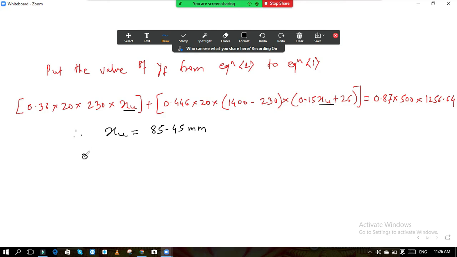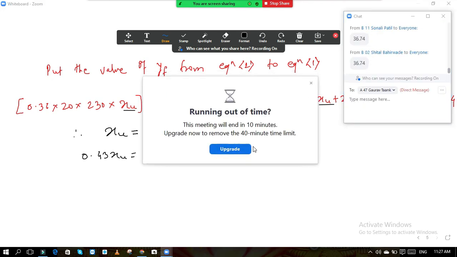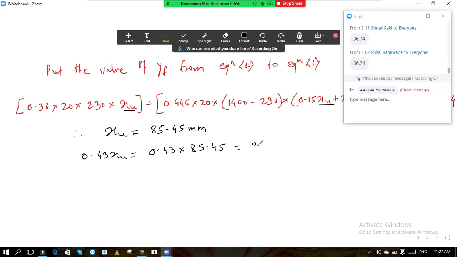Again the same thing, calculate 0.43 XU. So it is 0.43 into 85.45. What is the answer? We need to find the value. So it is 36.74 mm. Now here you can see that your DF is greater than this.